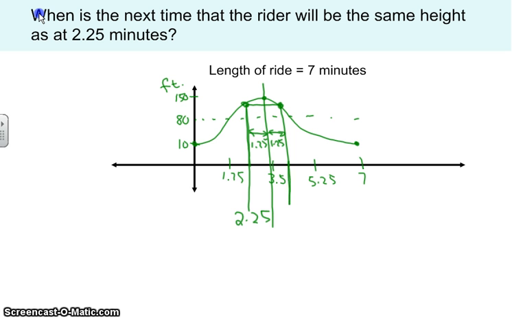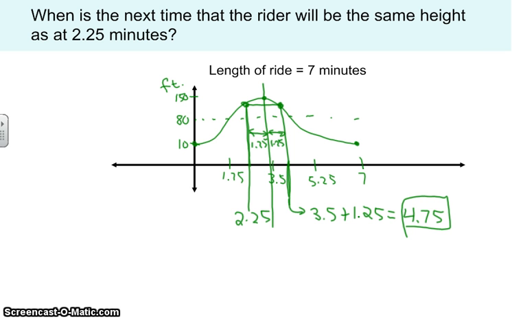So to find this value, I'm simply going to add 1.25 to 3.5, and that is going to give me 4.75. That is the next point at which the rider will be 110.37 feet off the ground.